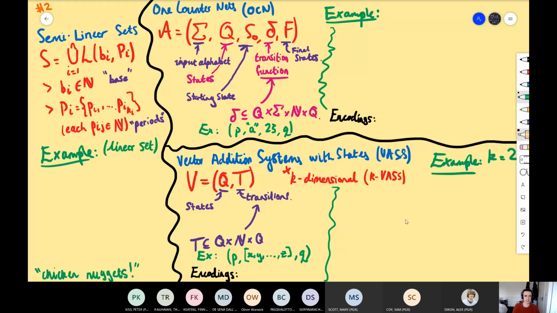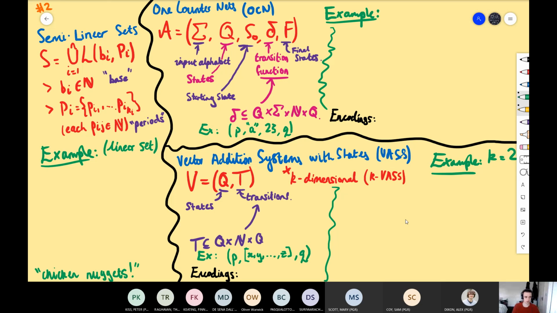I'll give an example of a linear set in a moment. We say that Bi is the base vector, and Pi is a set of Ki vectors. We call those periods. The idea is that any element belonging to S is a sum of a base vector and any number of any of the period vectors.